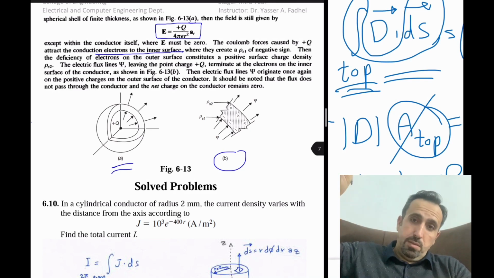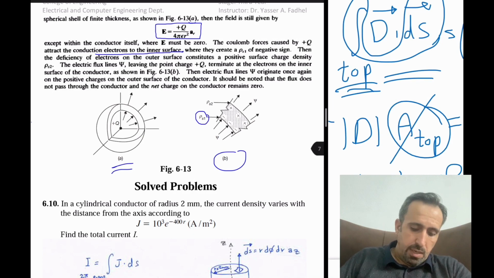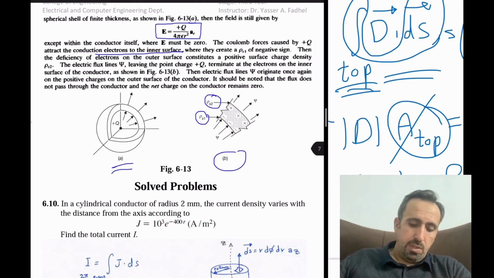As a result, when these electrons get down, they will leave certain holes, or positive charges, on the upper surface. For that reason, you get a negative charge here, rho S1, and the outermost surface is charged with positive charge.